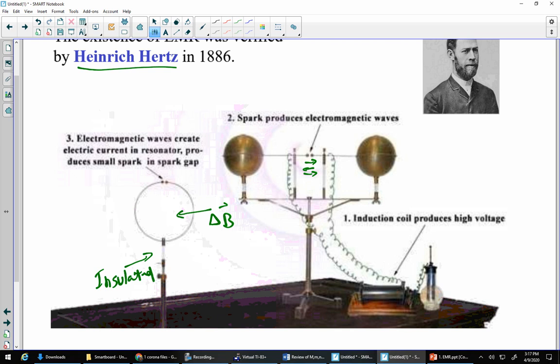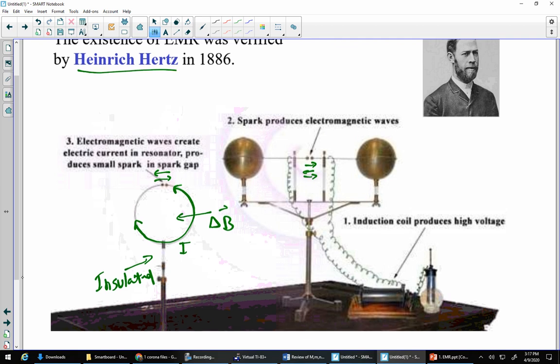That was the last lesson in Unit 3. And what he actually saw was the sparks jumping back and forth across that ring. So it was indeed, depending on which direction the magnetic field was at any point in time, creating a magnetic field that caused current to flow in that ring. So he verified the existence of EMR, the changing electric and magnetic field, which is pretty cool.